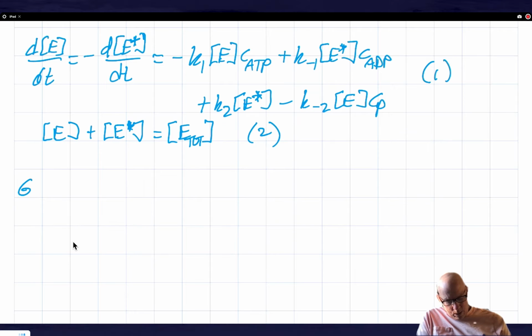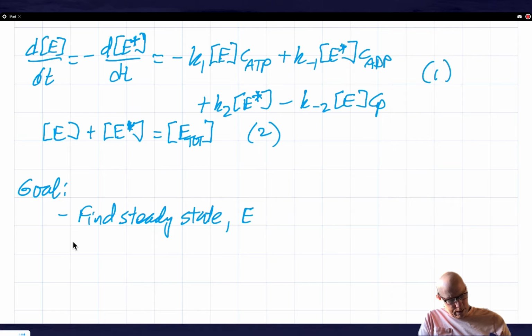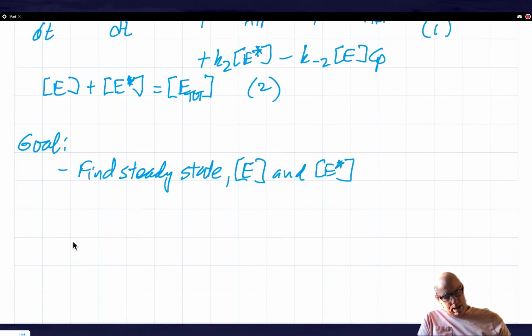So our first goal is to find the steady state E and E star. So I want to know those two concentrations, and then given those, I want to find the net flux.